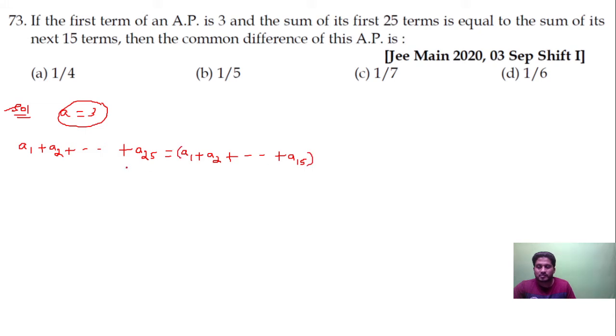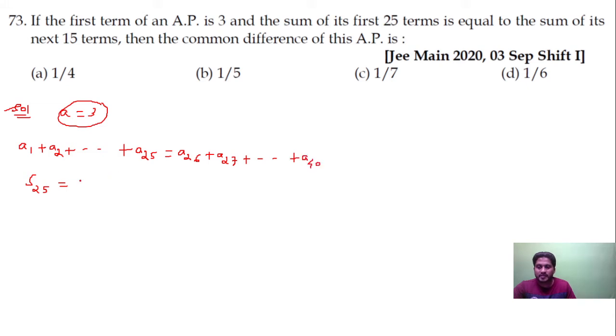Okay, now sum of first 25 terms is S25, is equal to sum of next 15 terms. So this means that it should start from 26 now. So this will be equal to A26 plus A27, okay, and so on up to A40.